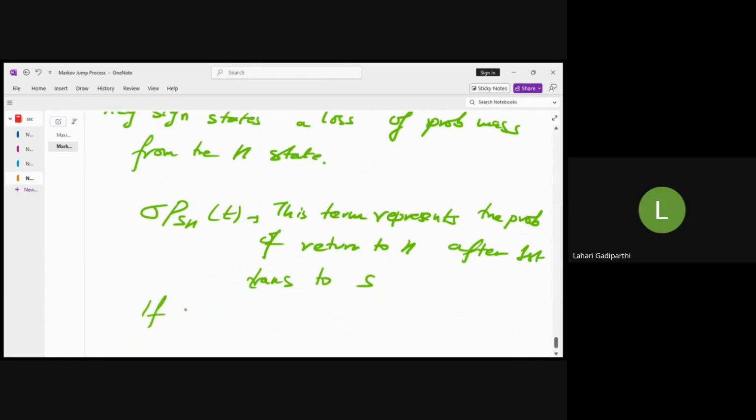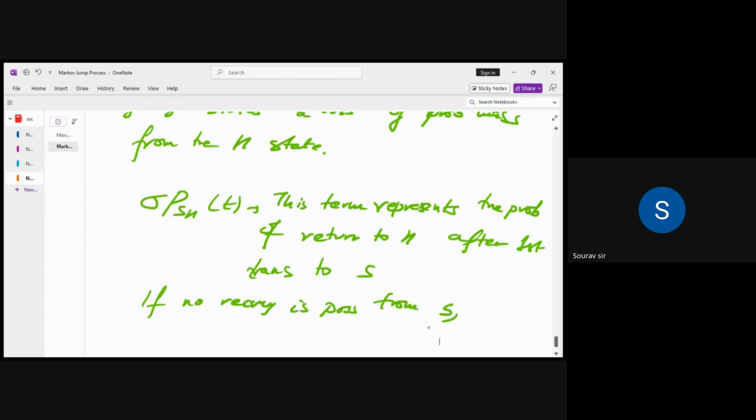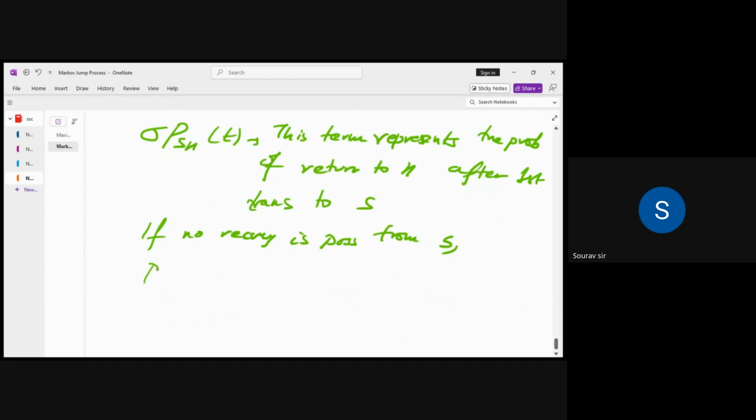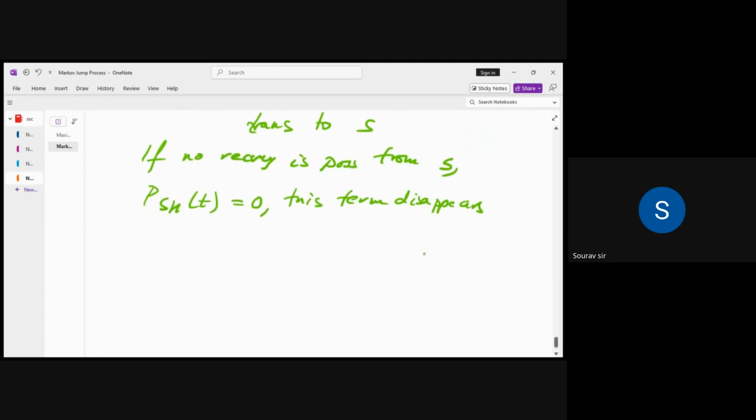Now, suppose no recovery is possible from S, then P_SH(t) is 0 and this term will disappear. So there can be some special cases also in this case.